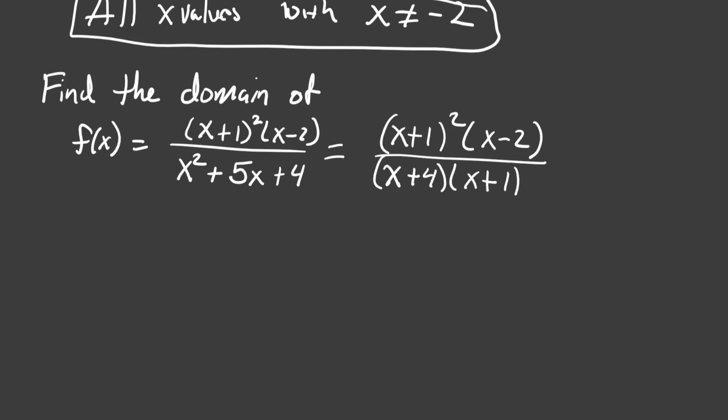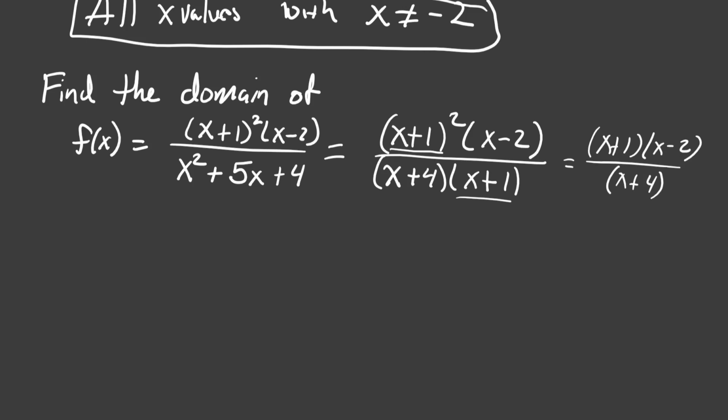So if I was to simplify this, I could cancel out the x plus 1 and the x plus 1 because we can cancel multiplication with division. I've got two of them on top and one of them on bottom. It would simplify to be x plus 1, because I get rid of one of them on top and one of them on bottom, times x minus 2 divided by x plus 4.